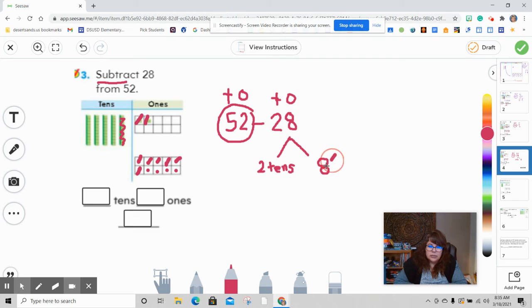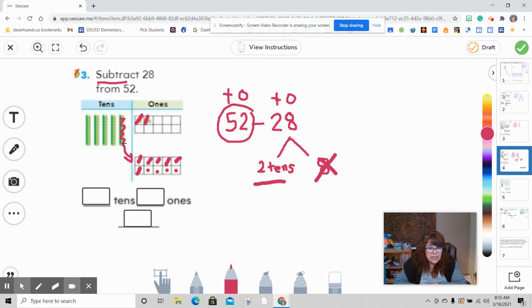So I took away the 8 ones. But now I need to take away 2 tens. Now, 2 tens, that means that I have, remember this one I regrouped. So that one I did not take away. I regrouped it.